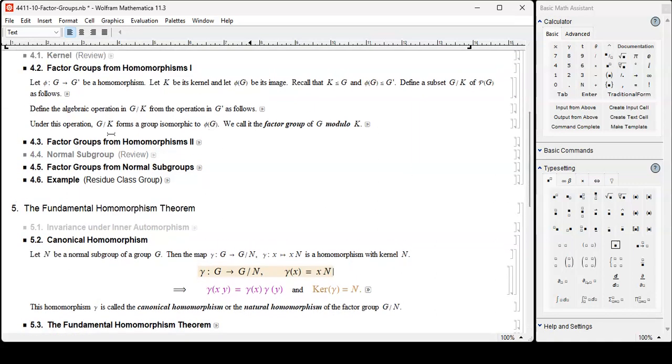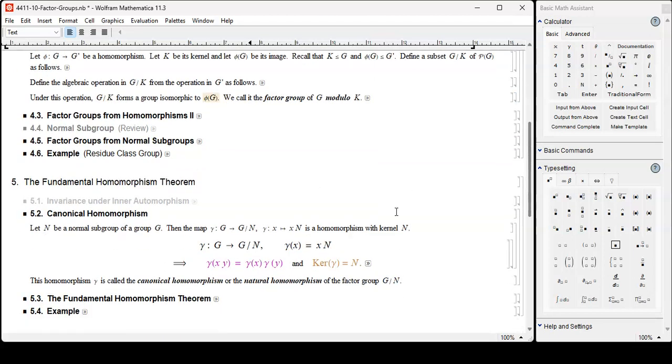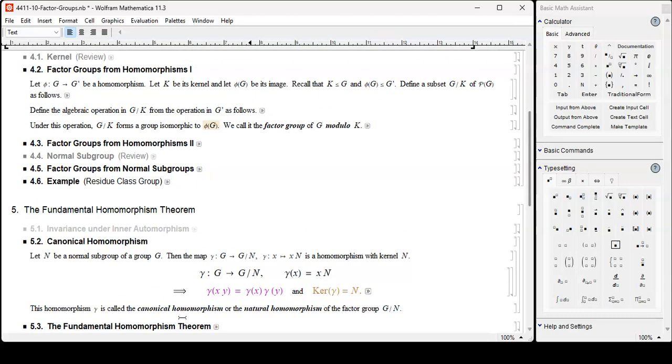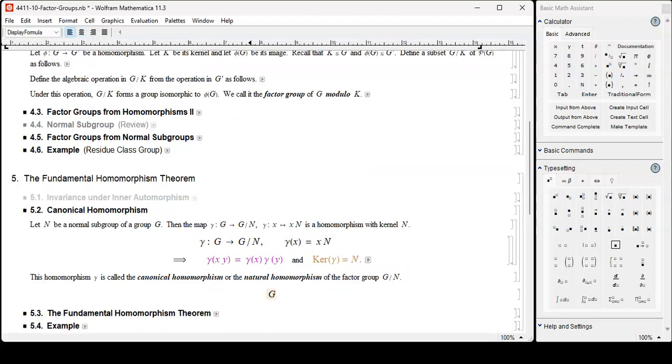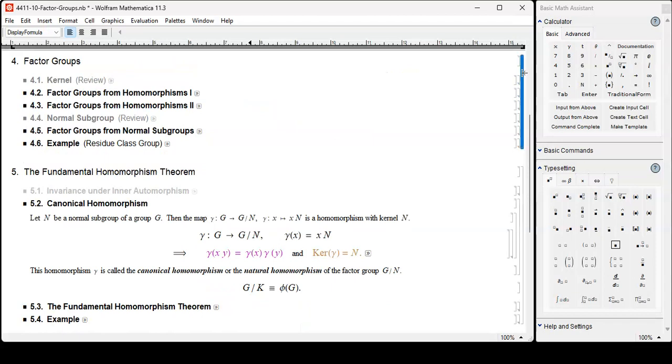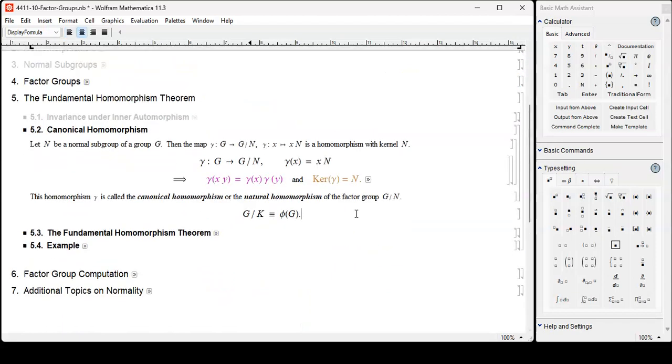Can we still have some form like that? G over K is isomorphic to phi of G. So you see, according to 4.2, let me keep those in the same viewing window, we have G over K is isomorphic to phi of G. Can we get something similar here in 5.2? This one, yes.